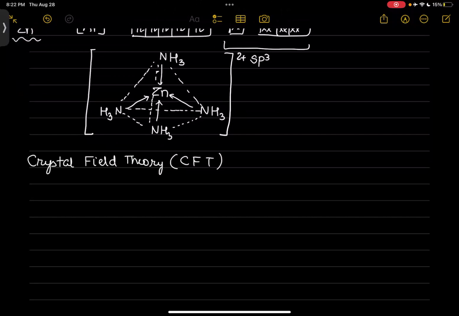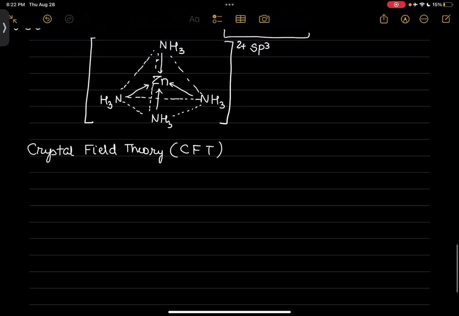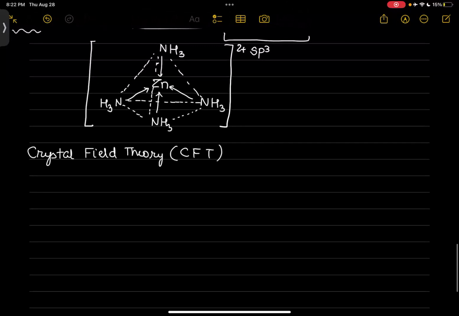Okay. In CFT, actually, there are a lot of assumptions, okay, which are not true. But if we leave those assumptions, there are certain points in the crystal field theory which can help us to understand the bonding more clearly.